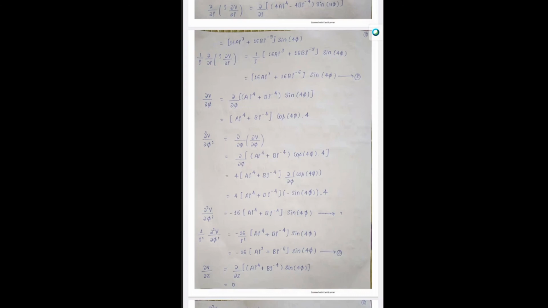The differentiation of ln, or log, is 1 by the term, that is, log x is 1 by x. So the derivative of ln tan square theta by 2 starts with 1 by tan square theta by 2.